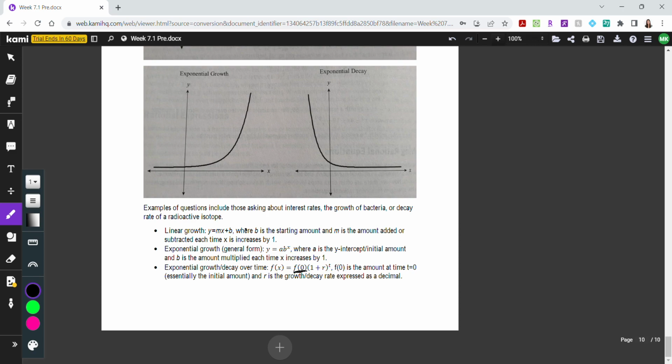As we do the practice questions in your deep dive lesson, I'll show you how to write the rate, whether it's going to be a plus or a minus, depending on if it's growth or decay. You want to write this as a decimal. So f(0) times 1 plus r to the power of t, and t is the time that you are given.